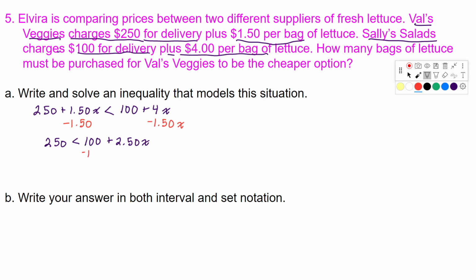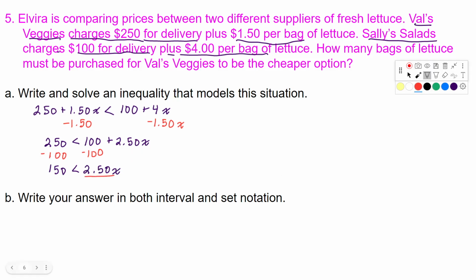Now I will subtract the 100 to isolate the 2.50x. So we have 150 is less than 2.50x.